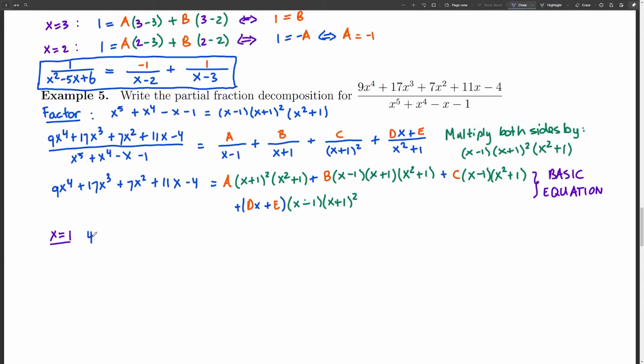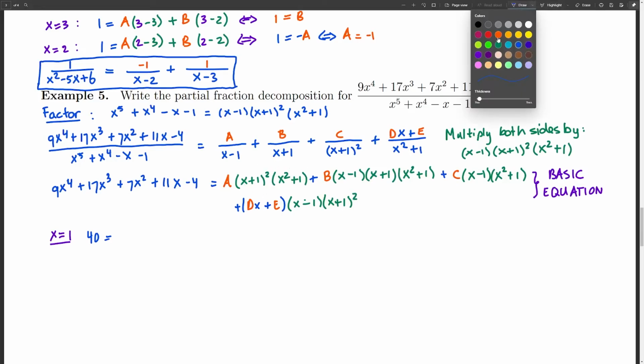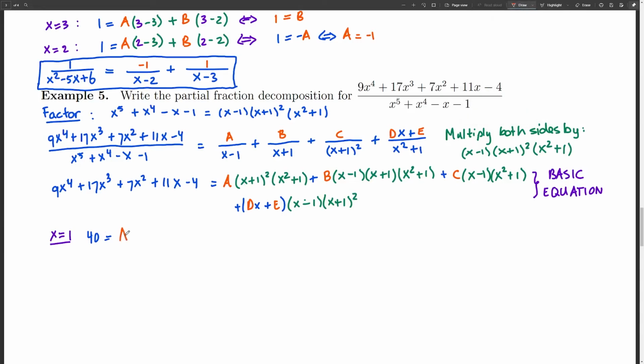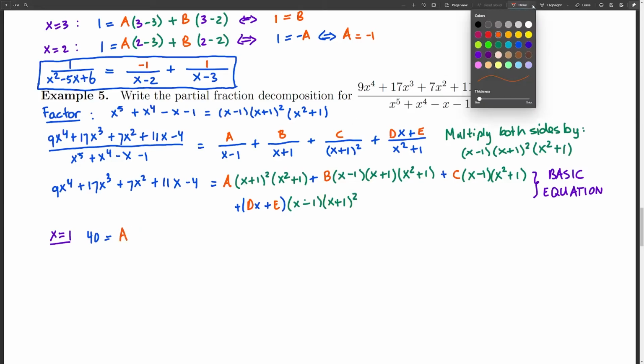So when you plug in 1 on the left-hand side of the equation, you end up with 40. Now, on the right-hand side, we see that every term that has a factor of x minus 1 will completely disappear. That will make everything 0. So the only thing that we're left with are the factors that belong to a.